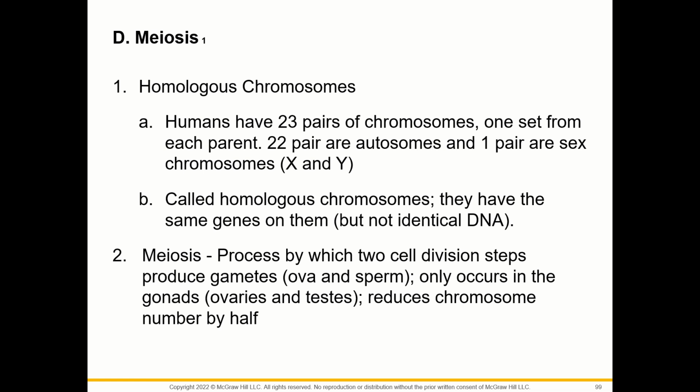So these 23 pairs of chromosomes are called homologous chromosomes. They have the same genes on them, but not the identical DNA. Meiosis is the process by which 2 cell division steps produce gametes, the ova and the sperm, and it only occurs in the gonads, the ovaries and the testes, and it reduces the chromosome number by half.